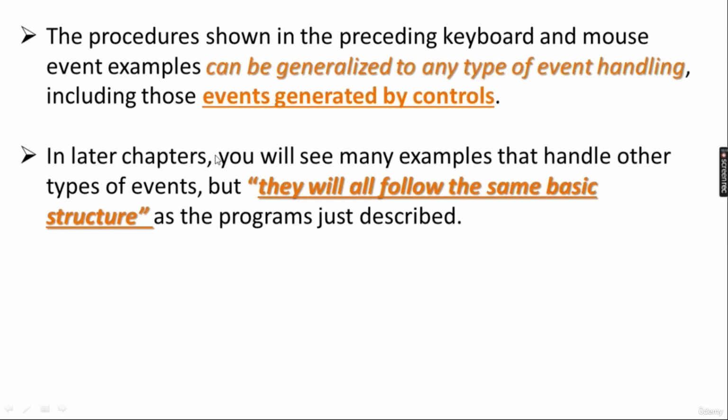The procedures shown in the preceding keyboard and mouse event examples can be generalized for all types of events, even those events generated by controls. In the upcoming chapters we will see many examples that handle other types of events, but they will follow the same basic structure as we have discussed in this chapter. Which flow we are going to follow, and what the steps are, will be common.